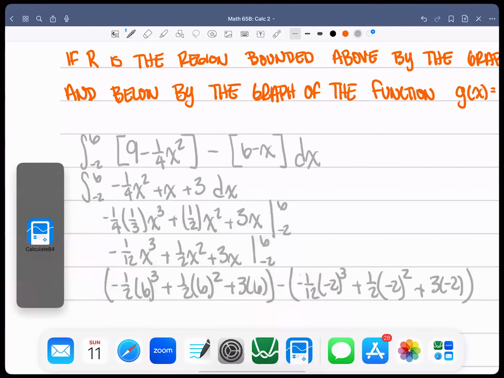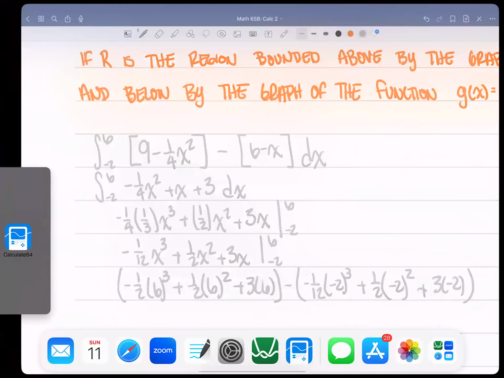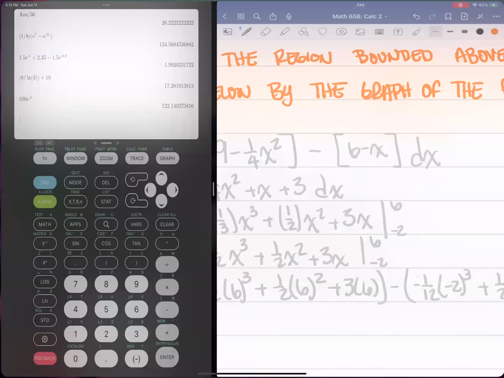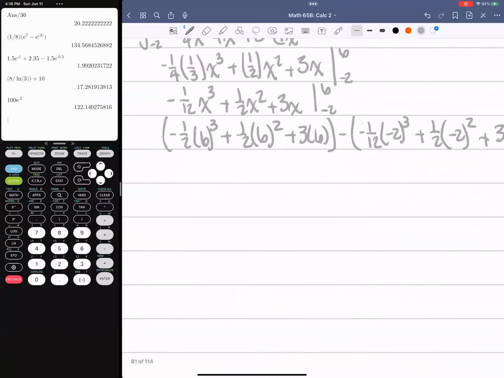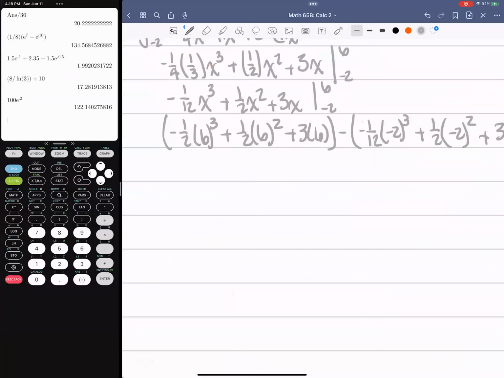Some quick numbers over here. All right, so 6 cubed, and we're dividing that by 2. So we have a -108 plus 6 squared, and we're dividing that by 2, 18, plus 18.